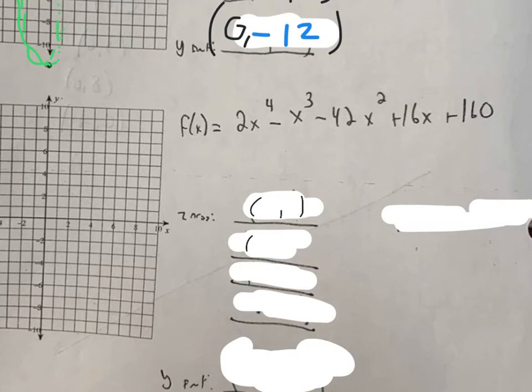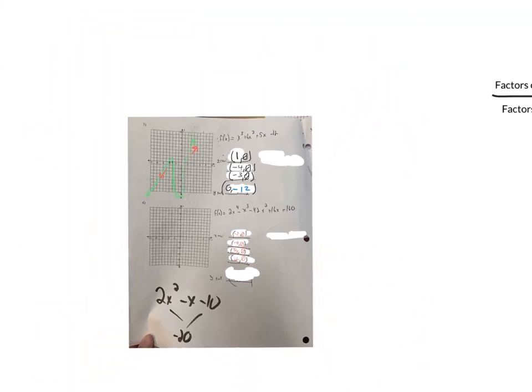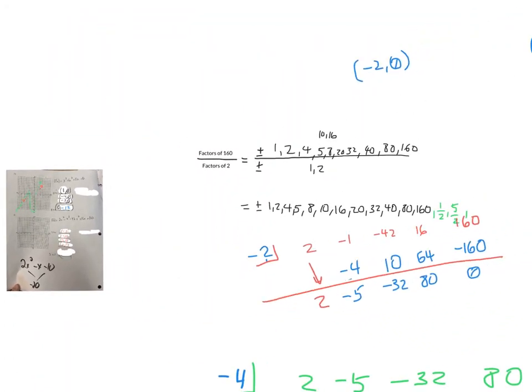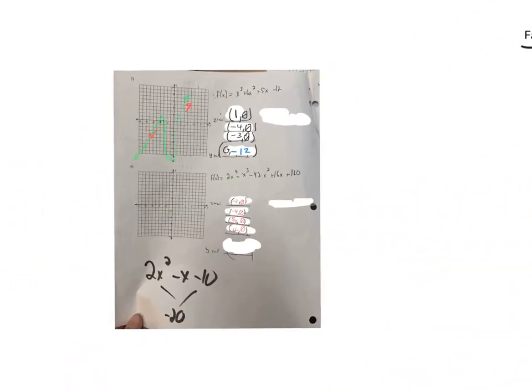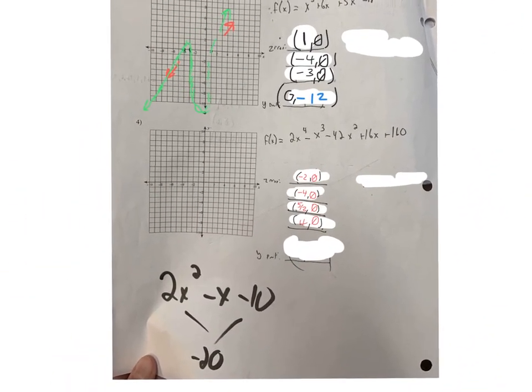First of all, it's going to be parentheses, so I like to just do that first because I like to approach these methodically. It's definitely going to be 0. And then we're going to have negative 2, negative 4, 5 over 2, and I believe it was positive 4. Okay, hopefully that makes sense. Let's double check. Sometimes it's wacky. Yeah, 4, comma 0. All right, so good. So that's how we find the zeros.